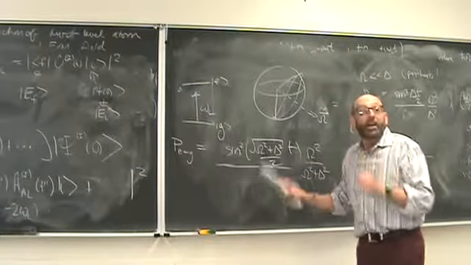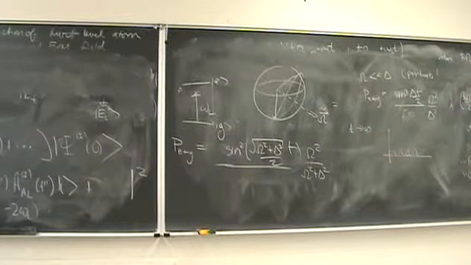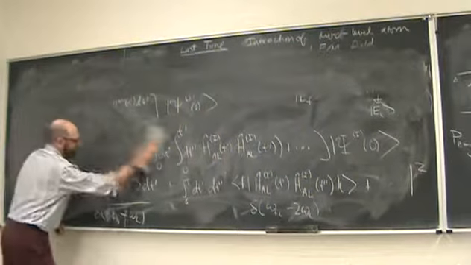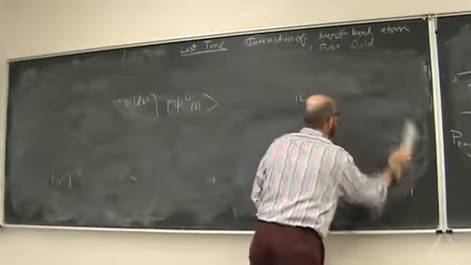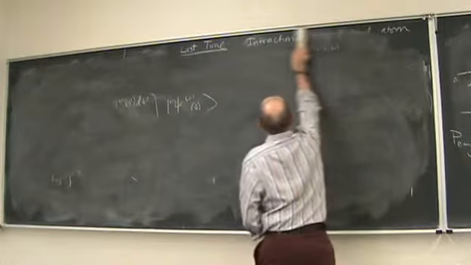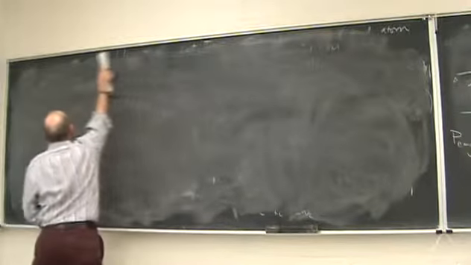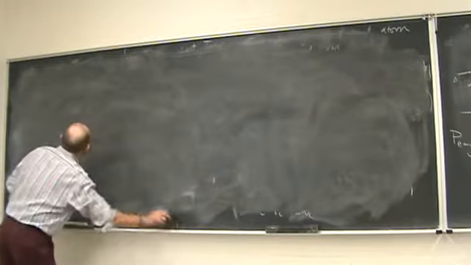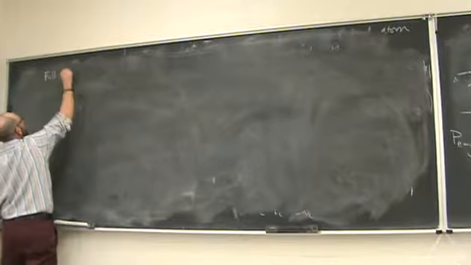Okay, now I want to connect this to what we were talking about last lecture. Let's talk about now the fully quantum description. Not the semi-classical, but the fully quantum.